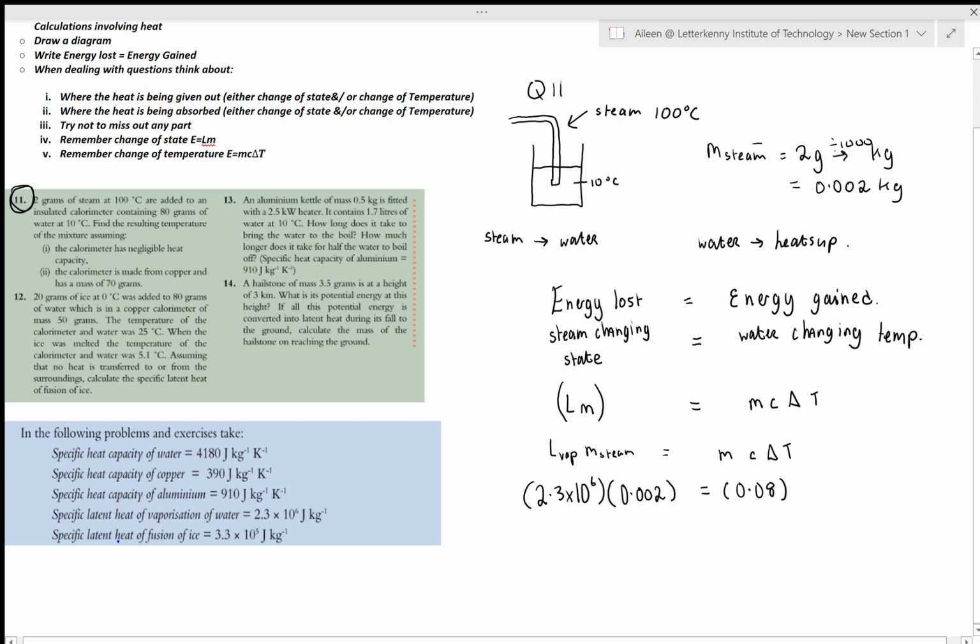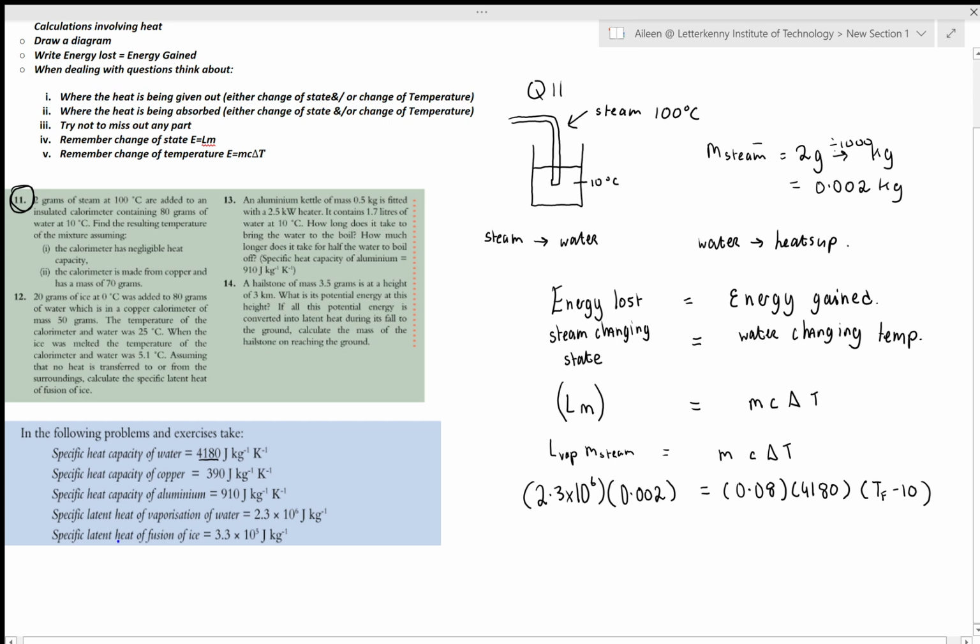Times c, our specific heat capacity of water, which we're given, 4,180. Times our change in temperature. We are trying to find what the final temperature of the water is. We know the initial temperature was 10 degrees. Our change in temperature is therefore our final temperature minus 10.